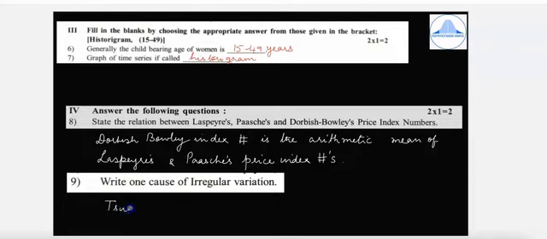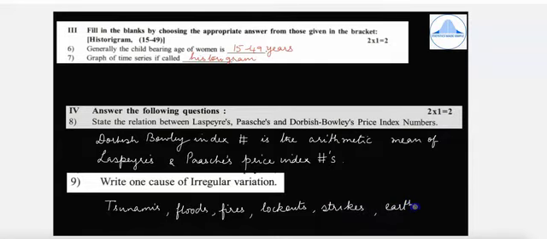You have tsunamis, it can be floods, fires, it can be lockouts, can be strikes, earthquake, etc. So you can just write any one of the causes of irregular variations. Usually they are incidents which cannot be predicted.